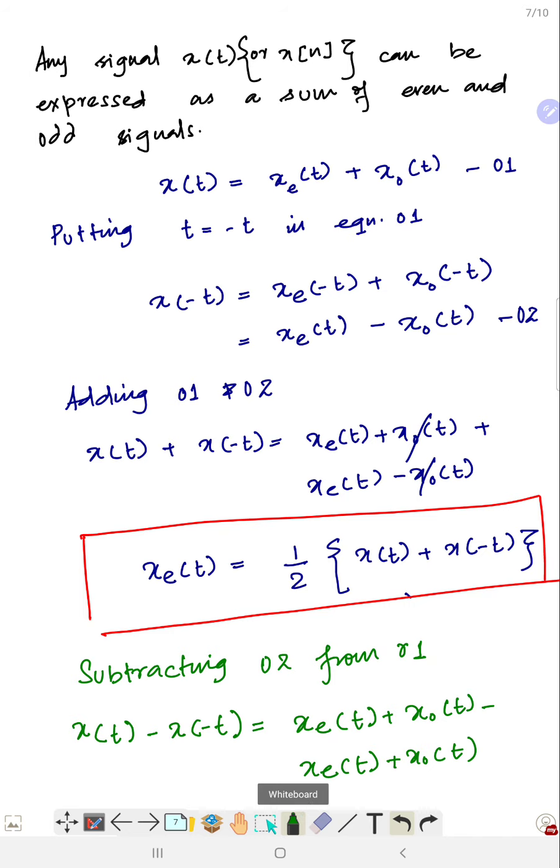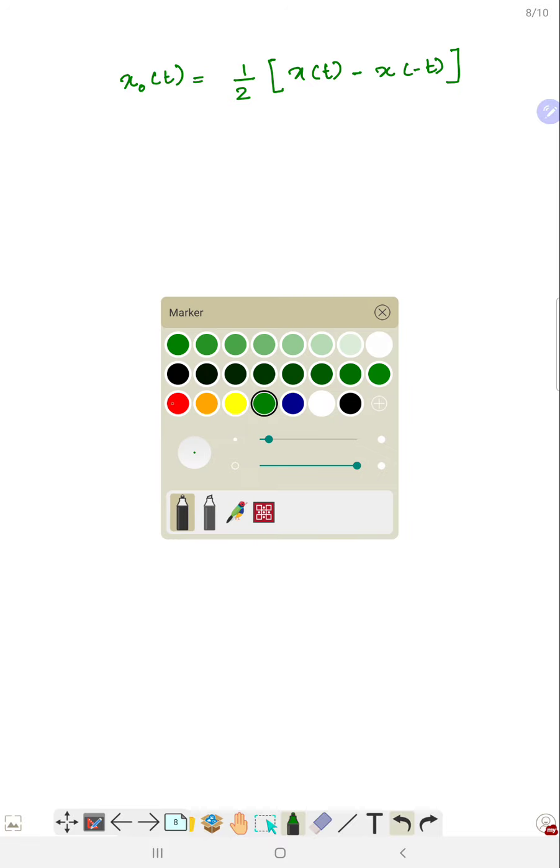Again, I will have some parts cancel, this and this will go. So what I'll get is, after doing a brief rearranging, that x odd is equivalent to 1/2 of x of t minus x of minus t. Right?